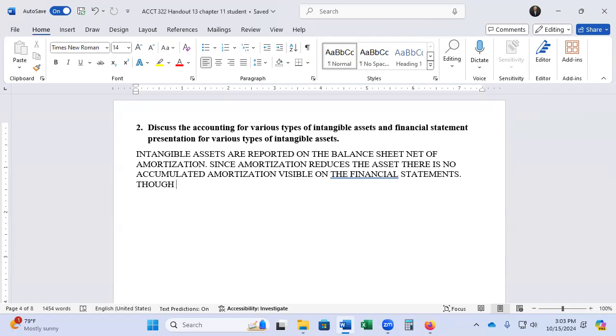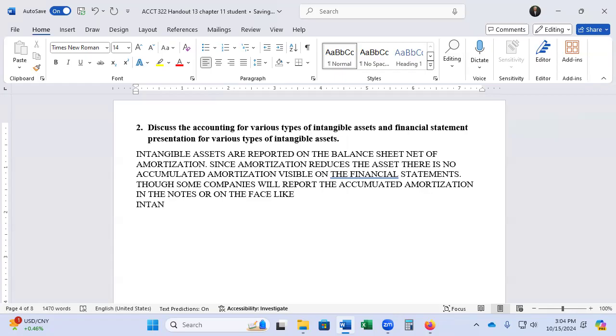Since the amortization reduces the asset directly, there is no accumulated amortization visible on the financial statements, though some companies will report the accumulated amortization in the notes or on the face, like. And then what they'll say is something like intangible assets net of 1.5 million amortization.